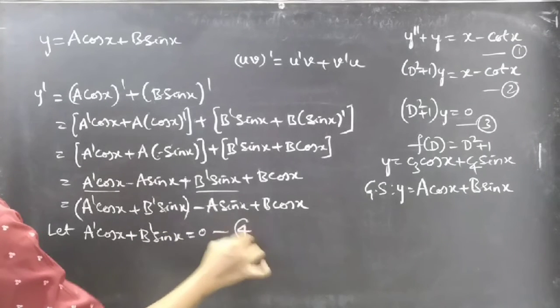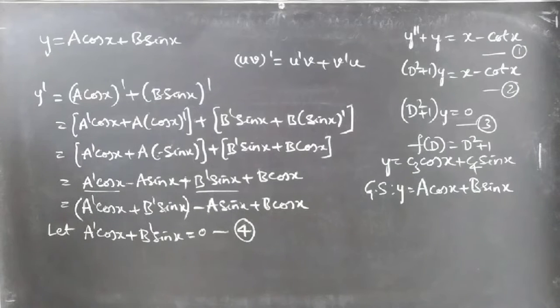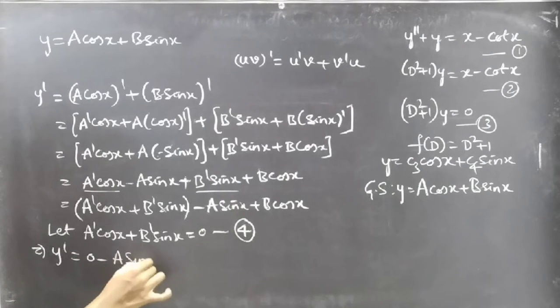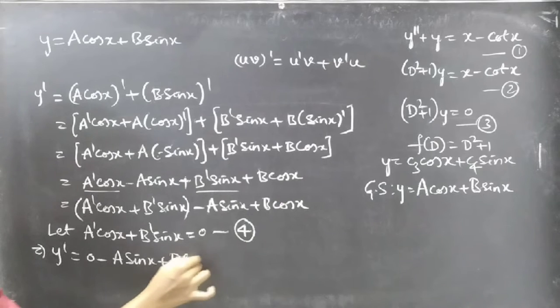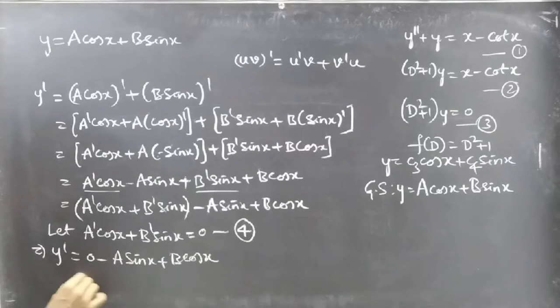Consider this as equation number 4, so that a double dash and b double dash will not appear while finding y double dash. Now y dash gives 0 minus a sin x plus b cos x, which gives us minus a sin x plus b cos x.